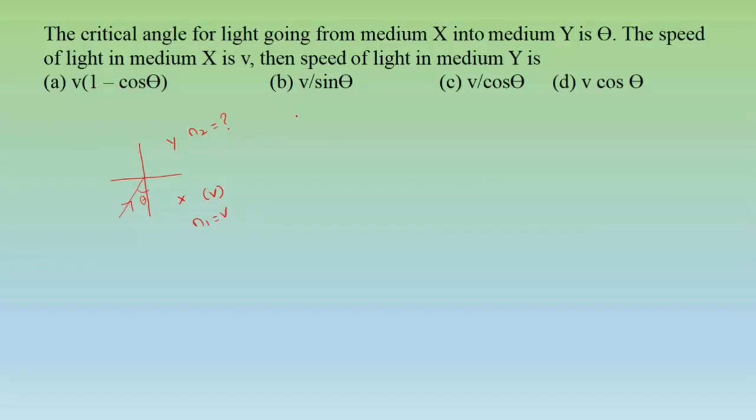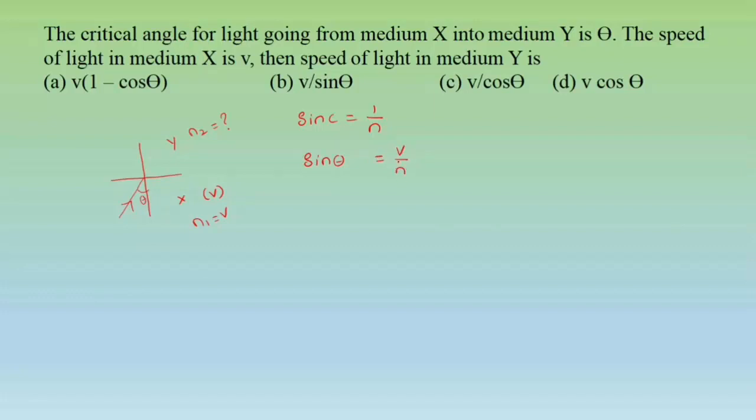We know the relation between critical angle and refractive index, that is sin C equal to 1 divided by n. But here we have to calculate the speed of light in Y medium. So instead of C, theta is the given critical angle. Sin theta equal to, let us write it as, V divided by n.